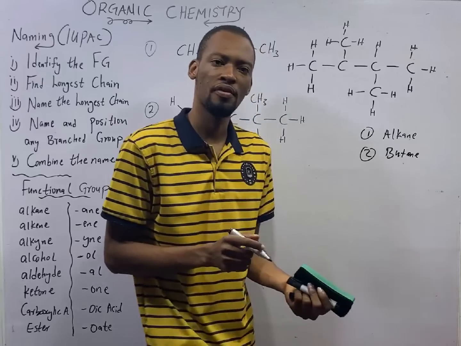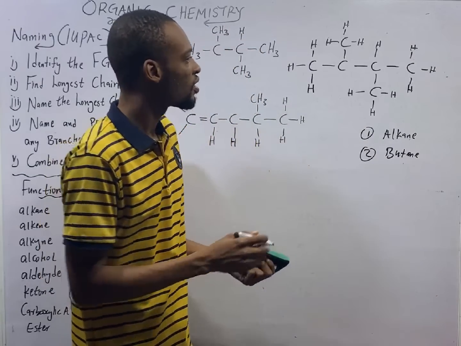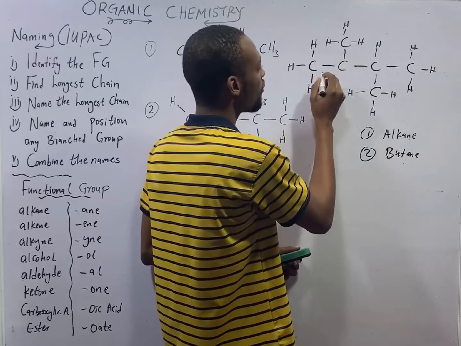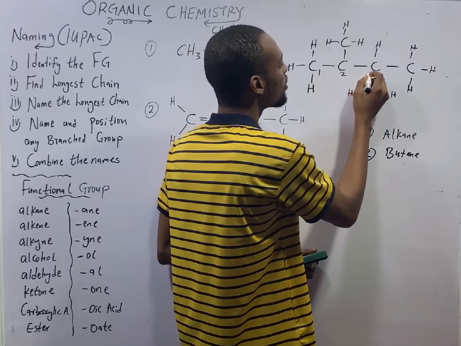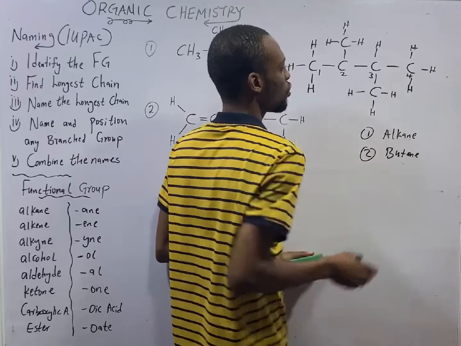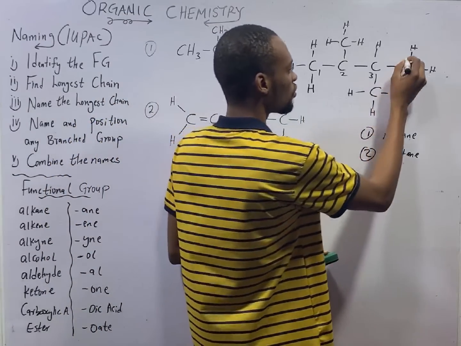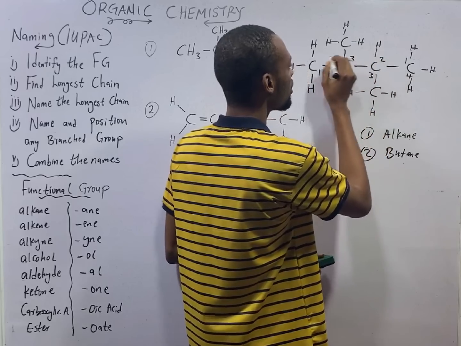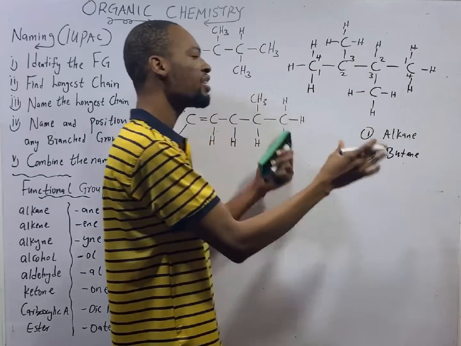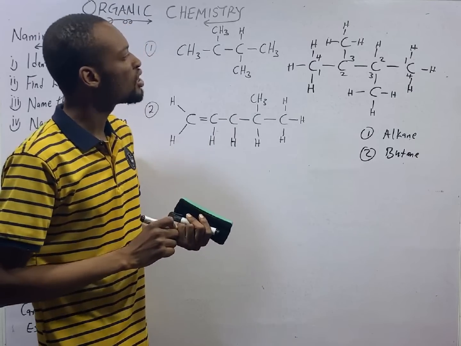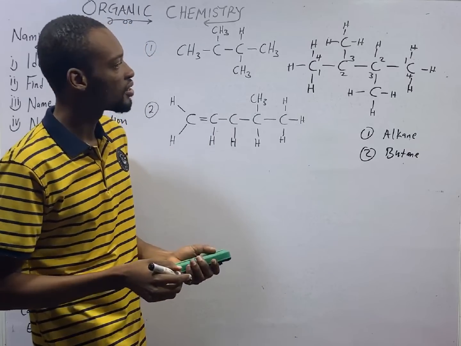That is the root. Longest chain 4. So naming the carbon chain, we start from 1, 2, 3, and 4. We could also start from 1, 2, 3, and 4. Whichever numbering we decide to go with, it will make no much change.